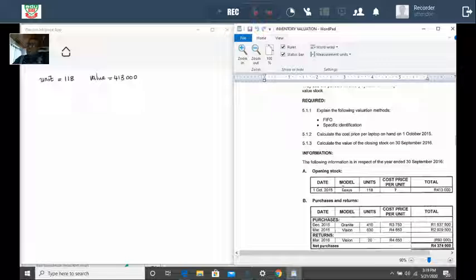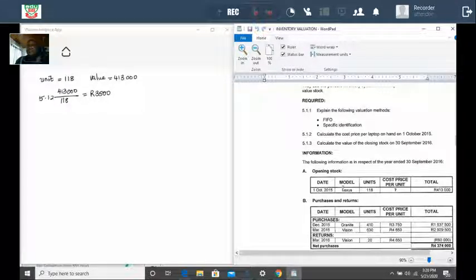So we bought 118 units for 413,000. To find the cost price for each of them, we look at the money we spent, 413,000, divided by the number of units purchased. That is going to give us 3,500 rand each. So we are done with question 5.1.2.